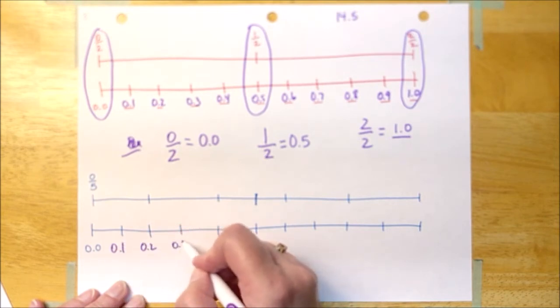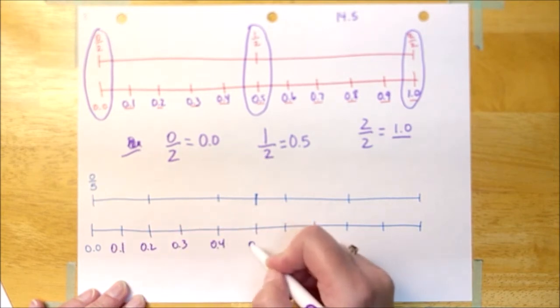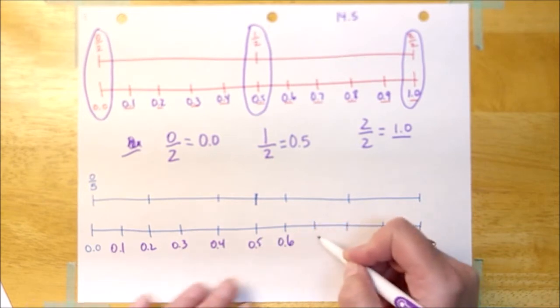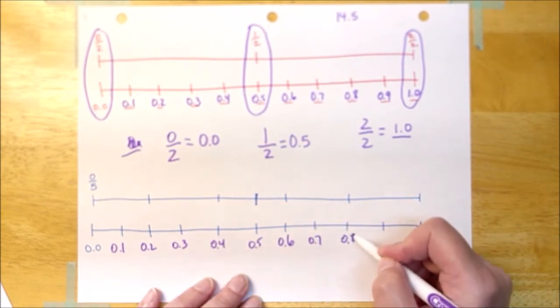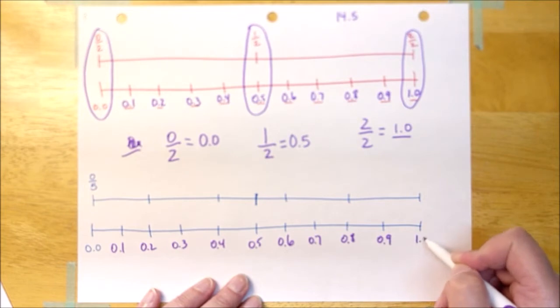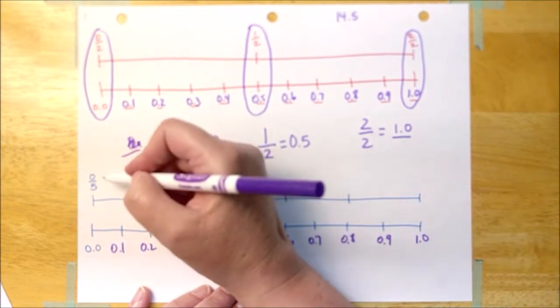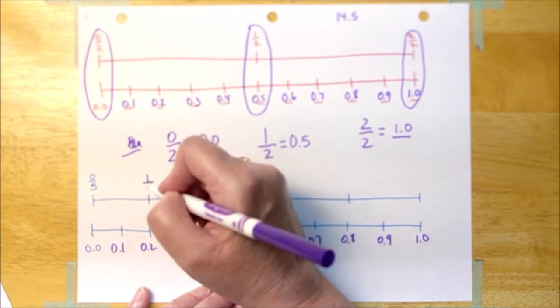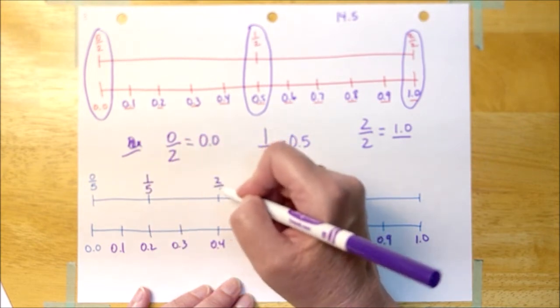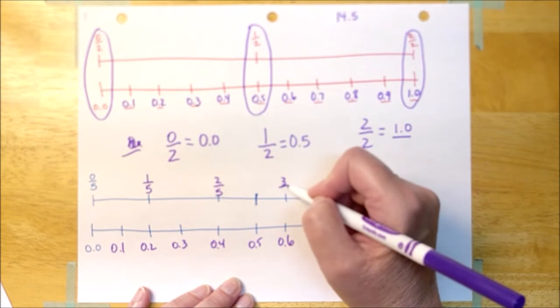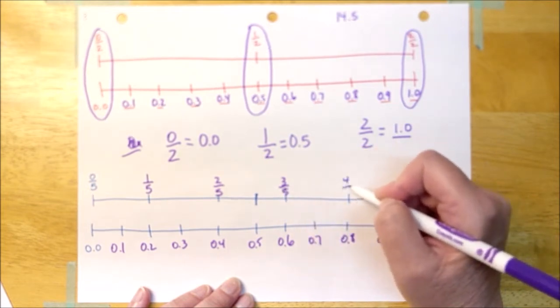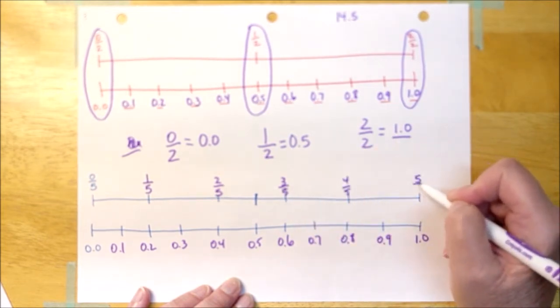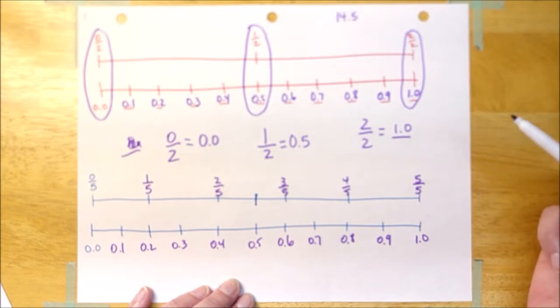That's 2 tenths, 3 tenths, 4 tenths, 5 tenths, 6 tenths, 7 tenths, 8 tenths, 9 tenths, and the whole thing. So if this is 0 fifths, this would be 1 fifth, 2 fifths, 3 fifths, 4 fifths, and this would be 5 fifths where I get the whole number line.